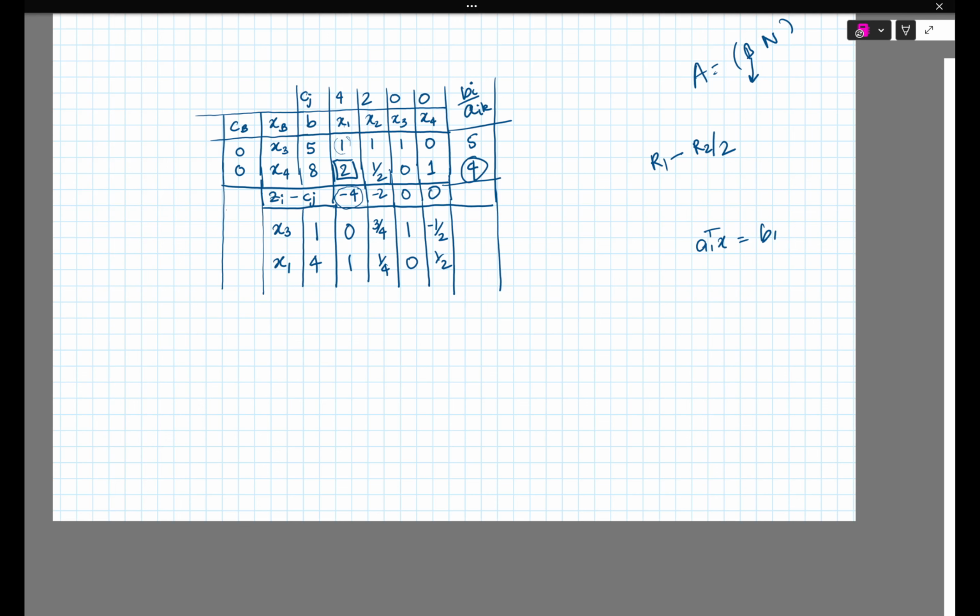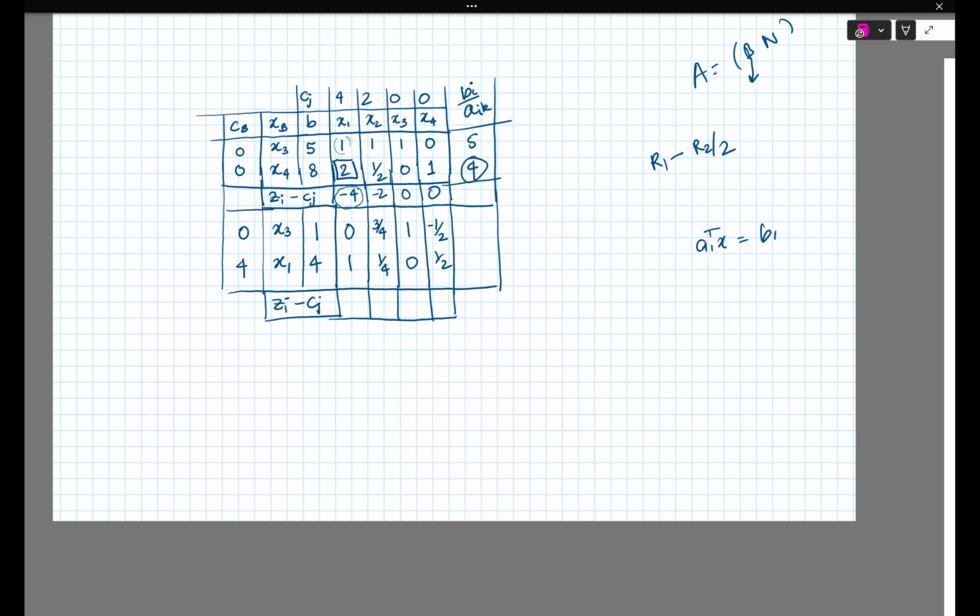And CB is the coefficient of x3 and x1, which is 0 and 4. Again you have to do the other computation, z minus c j.